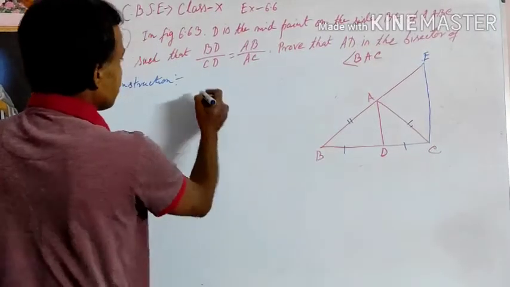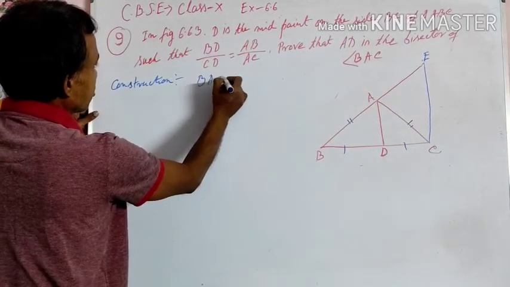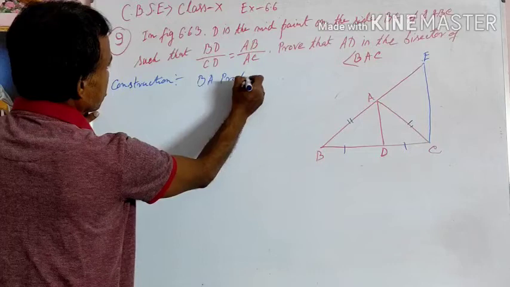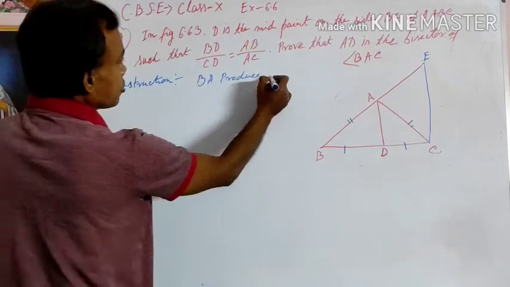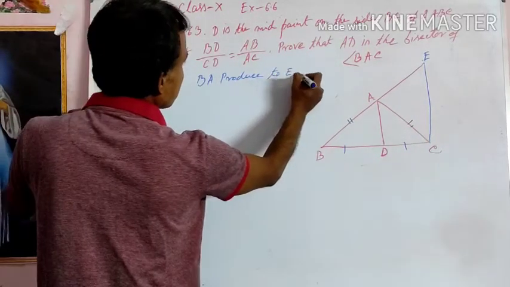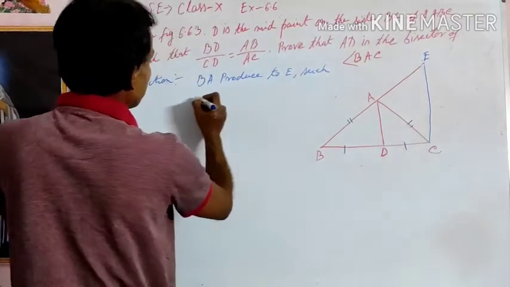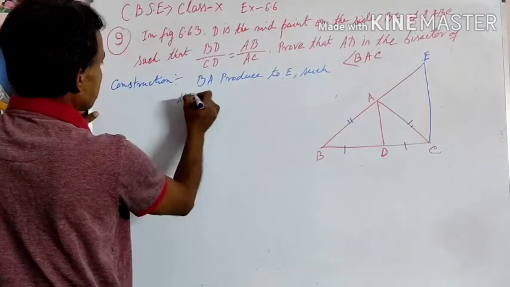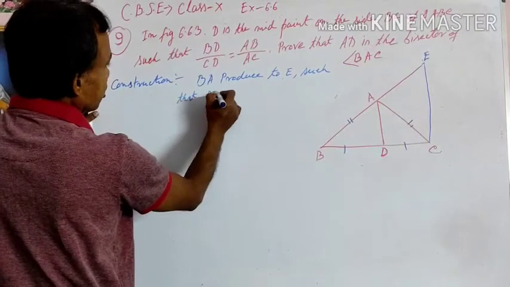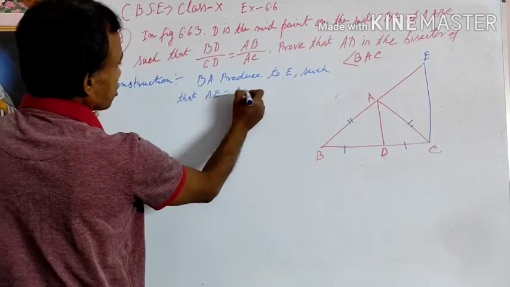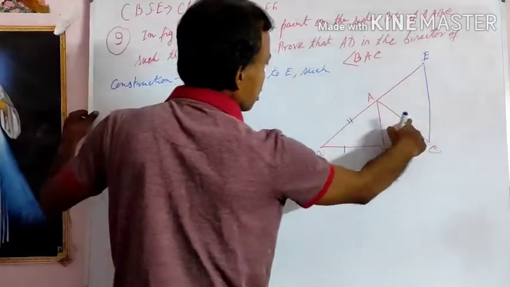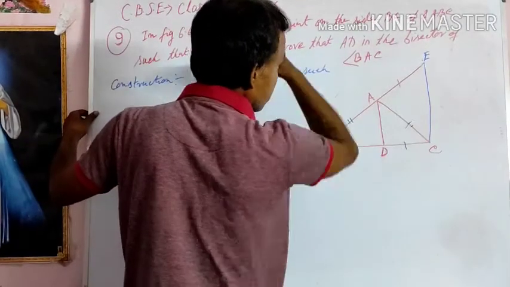So BA is produced to E such that AE is equal to AC, that is, this side AC is equal to AE.